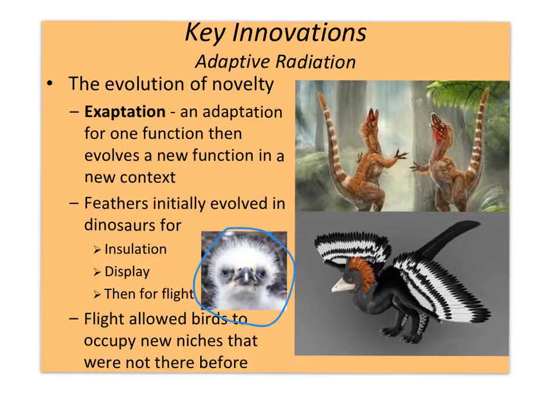And they came from scales. So why would you have downy feathers? Anybody? What benefit? What do you usually wear down for? Is it hot out or cold out? Cold, okay. Insulation.